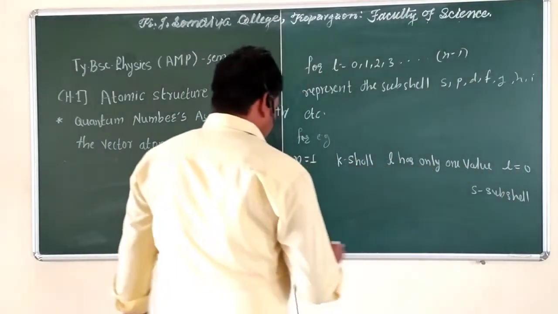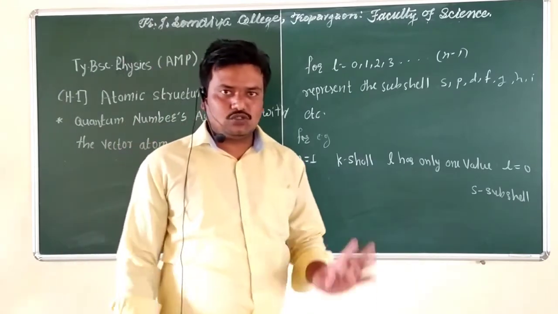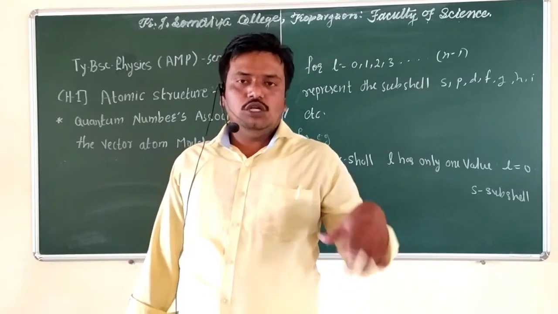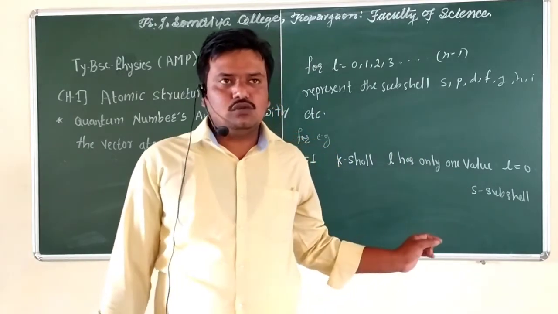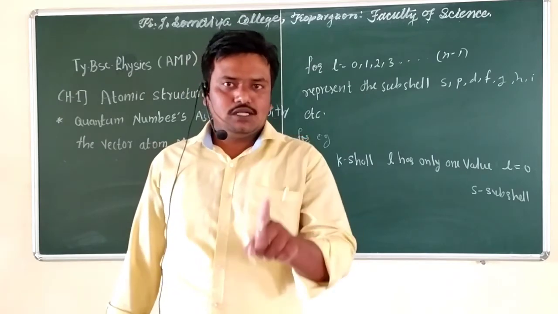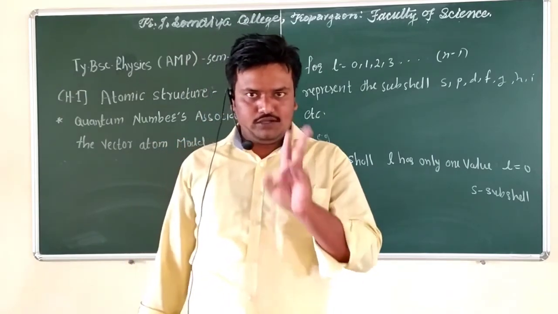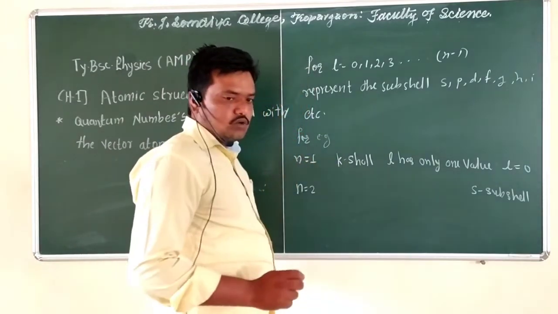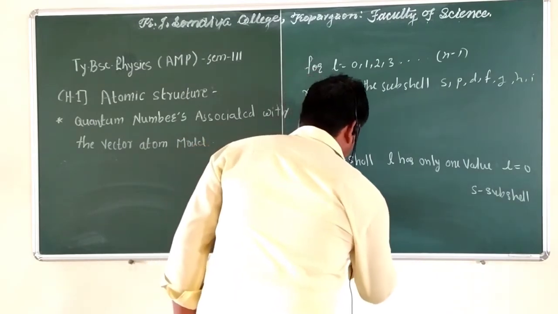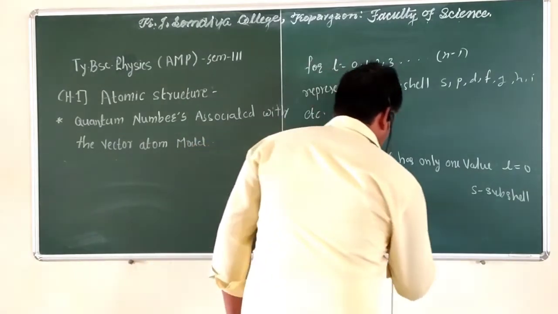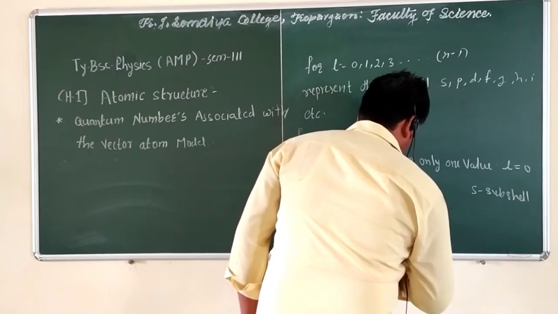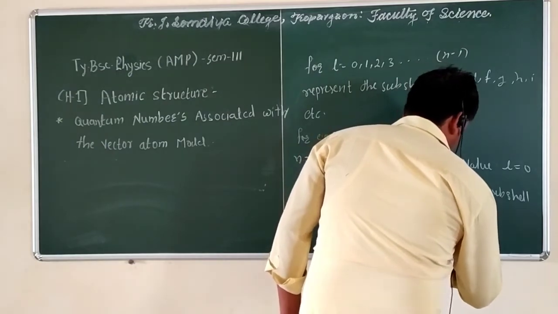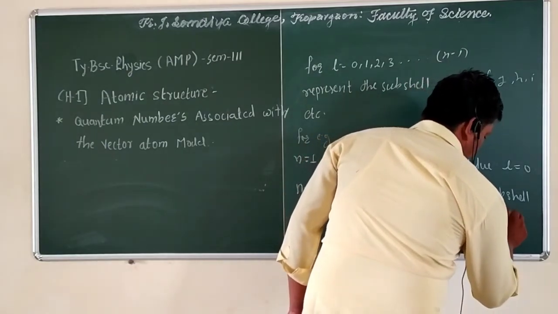For example, if we consider n equal to 2, L takes two values, running from 0, 1, 2 up to n minus 1. Here n is 2, so n minus 1 is 1, and L has two values, 0 and 1.